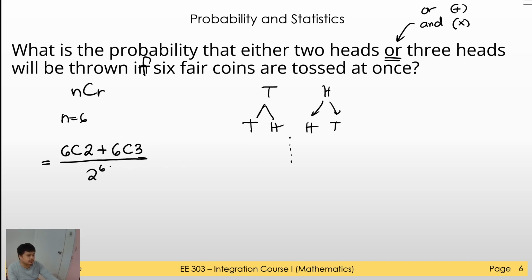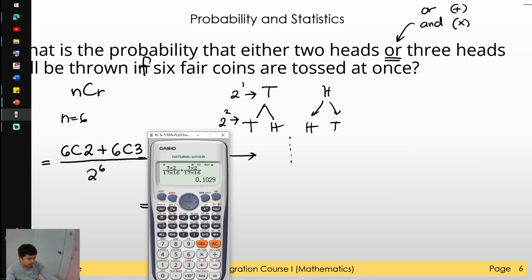So this trend will be this form. If 2 is equal to 1, 2 squared is this, and then 2 cubed is this. So the number of coins will determine the number of possible ways. As you can see here, we have 2 only, we have 2 squared, and this will continue and so on. So the answer here on a calculator will be 6C2 plus 6C3 over 2 raised to 6.